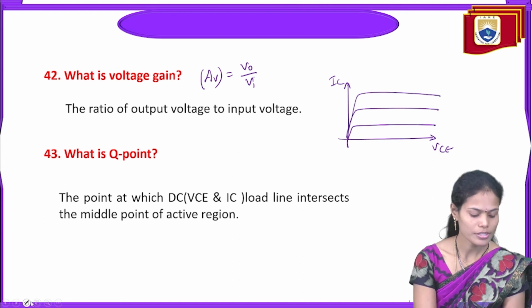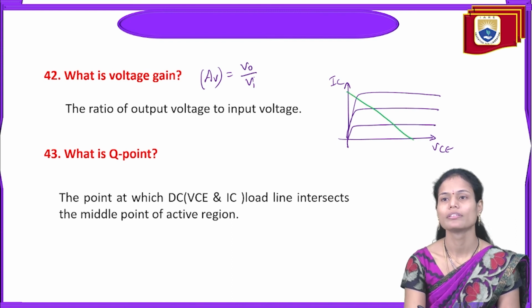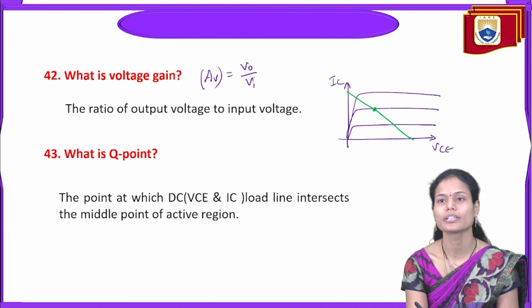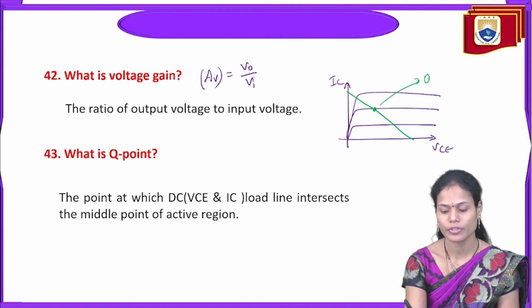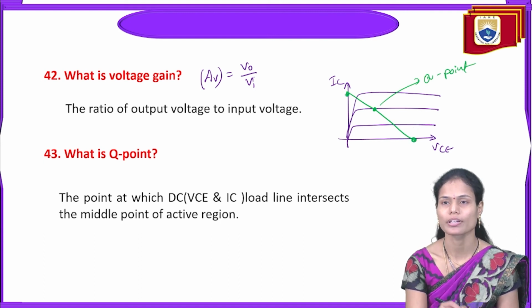On these curves, if I draw the load line, wherever the load line intersects at the midpoint of the characteristics indicates the Q point. To get this Q point, we have to draw the DC load line. To draw the DC load line, we have to find this voltage and this current.